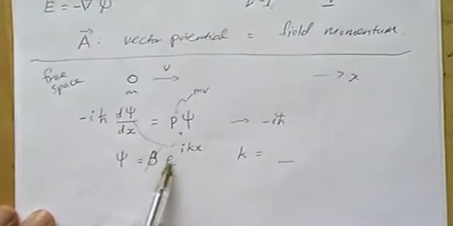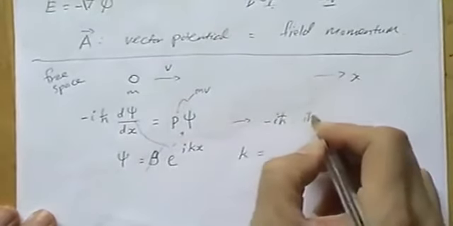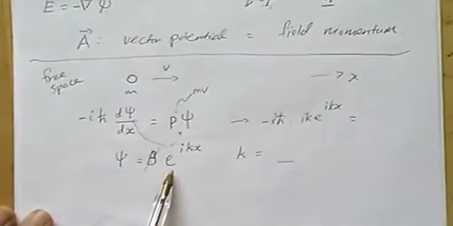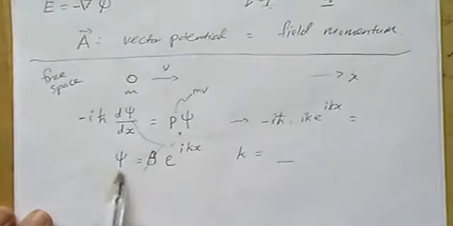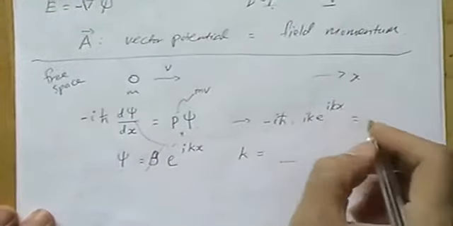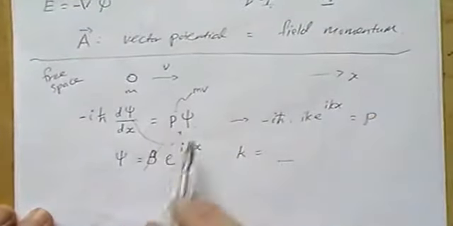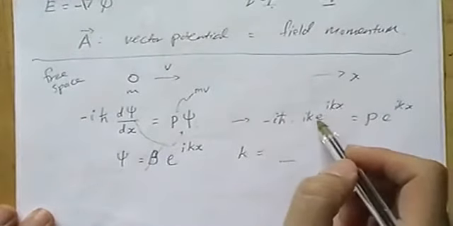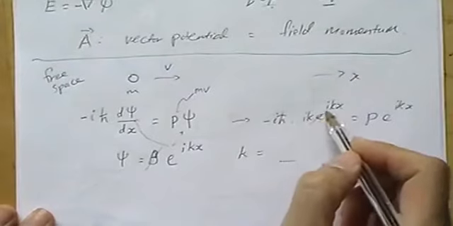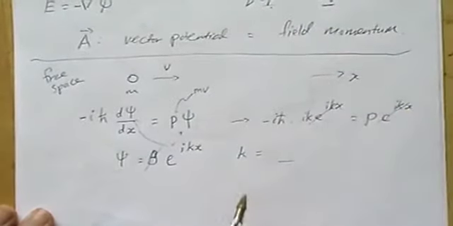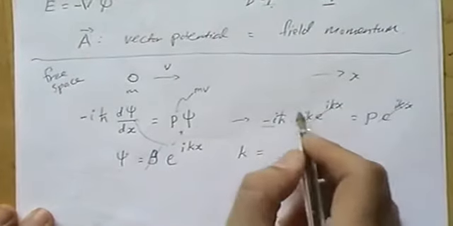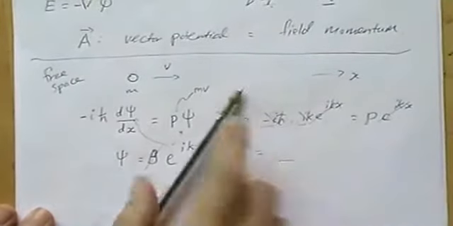When we differentiate this, we would get i k e to the i k x is equal to p, and that's just this. If we make some rearrangement, we can cancel that. Minus i times i is 1, so we can cancel those.